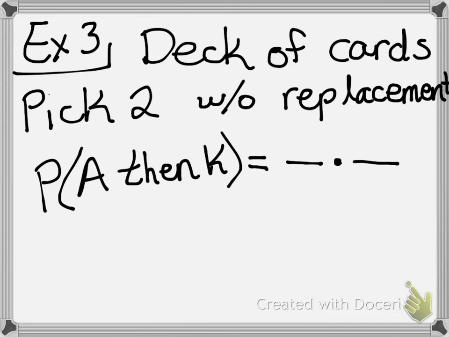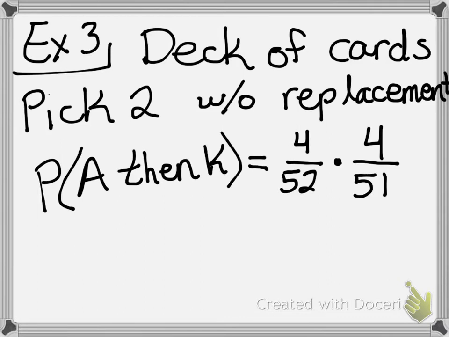So there are 4 aces out of the 52 cards. So that's the first one. The ace is now gone. How many kings are left? There are 4 kings. Now out of 51 cards, we have now reduced the number of cards in the deck.